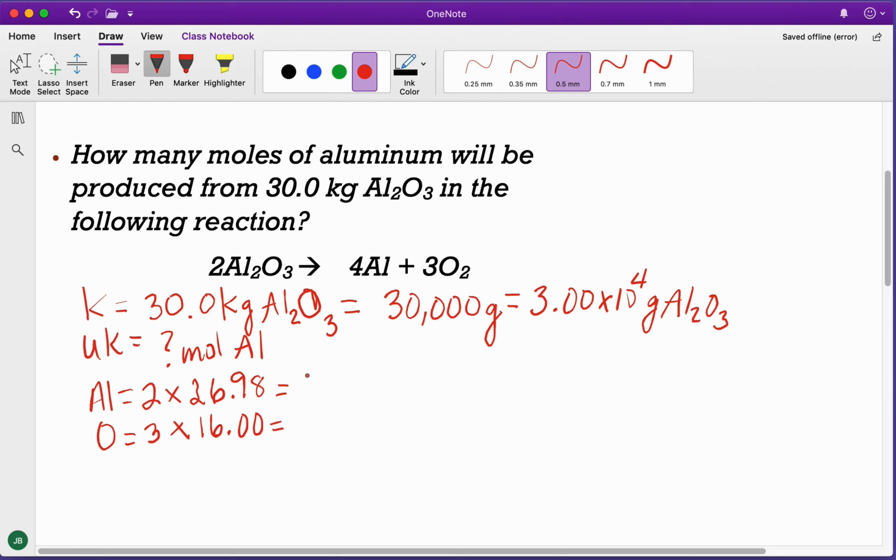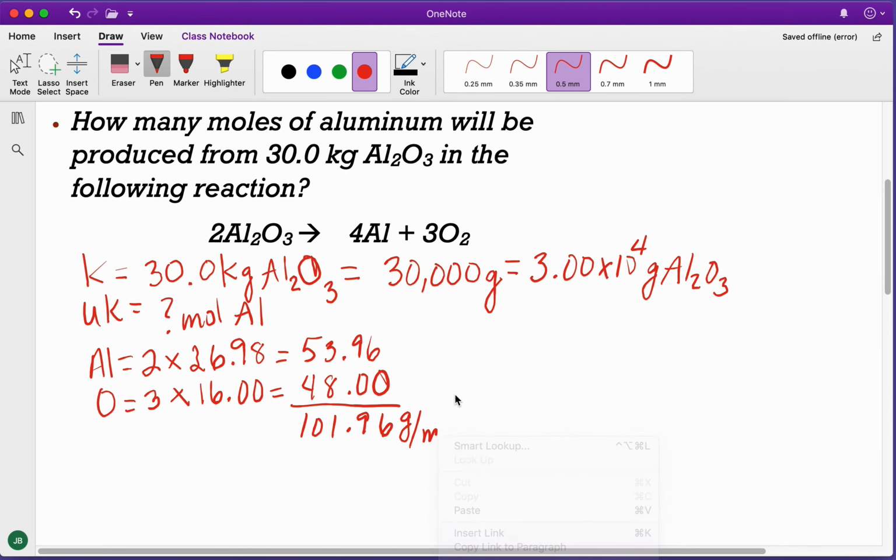And when we put that into our calculator, we get 53.96 and 48.00. We add that up, and you should get 101.96 grams per mole.